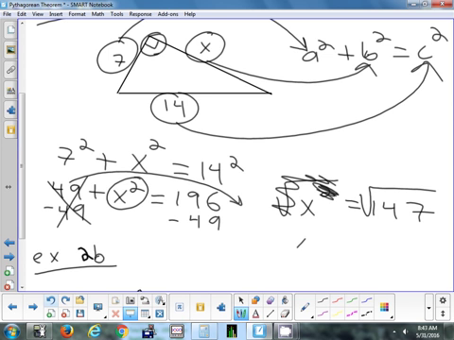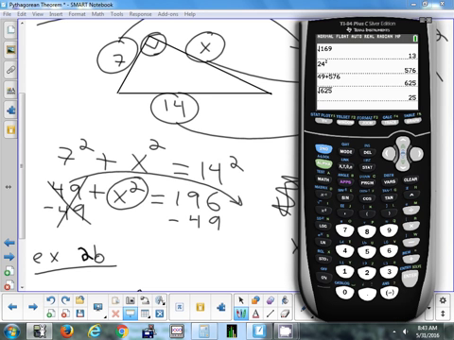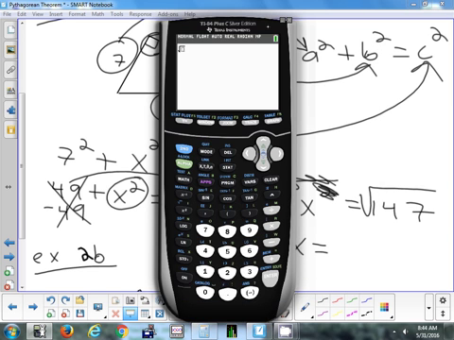Okay, so x equals, and we'll always use our calculator to do the square root. Does anybody remember how I type in square root and it's the same way on your calculator? What do I have to press? Second. Yep, you press second, and then you're going to press the x squared button. It's exactly the same thing. Right? What am I taking the square root of? What number? 147.